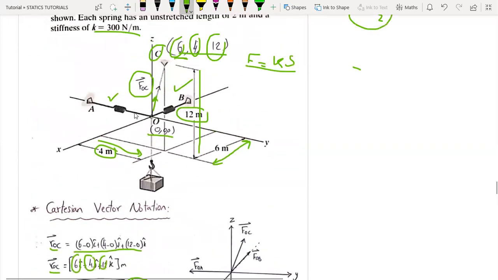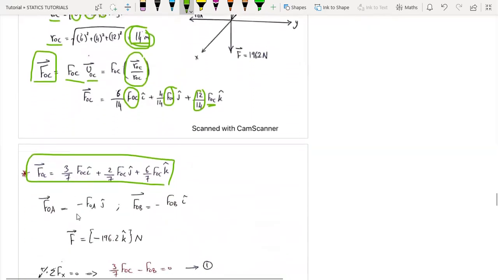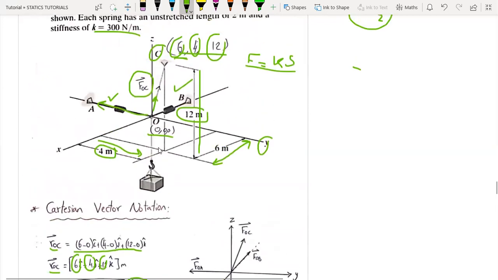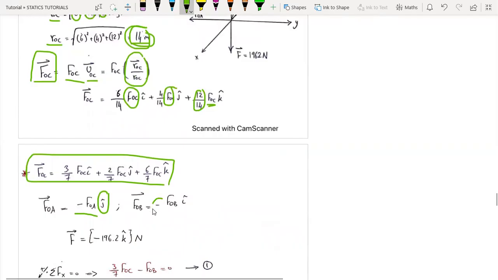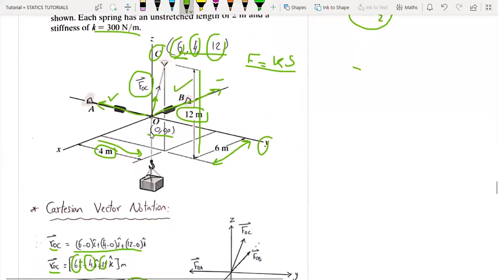Now regarding FOA, we can note it is simply on the y-axis, but in the negative direction. So here it will be only minus the magnitude FOA, j hat. Regarding FOB, it is on the x-axis, but on the negative side. So minus the magnitude FOB, i hat. And regarding the fourth force, which is the weight, it is in the z direction, but on the negative side.